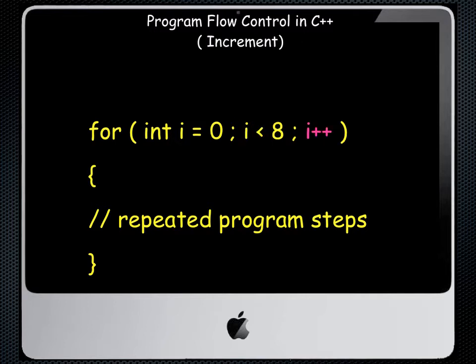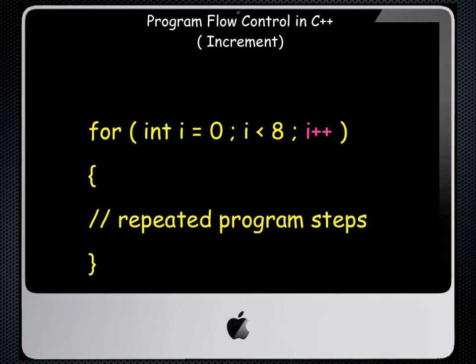In this case, i++ means that the program will add 1 to the value of i after it goes through the loop each time. So in this case, i started out as 0.